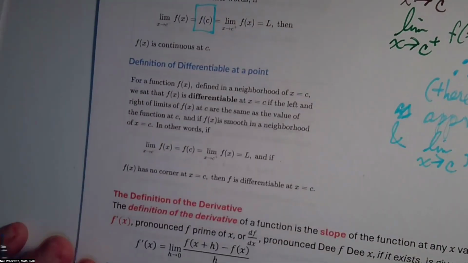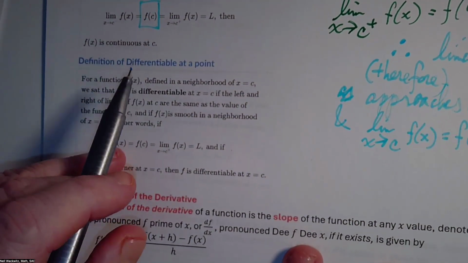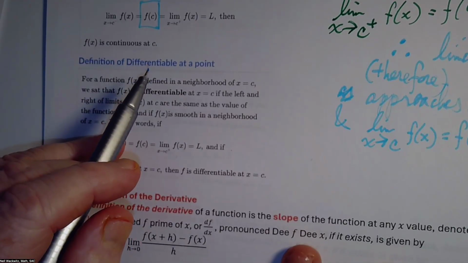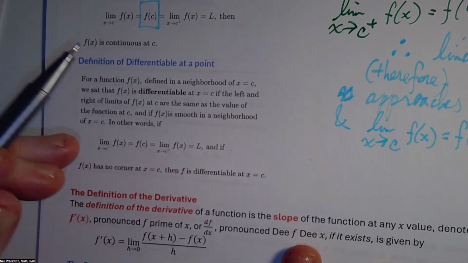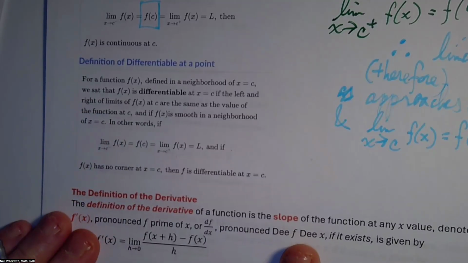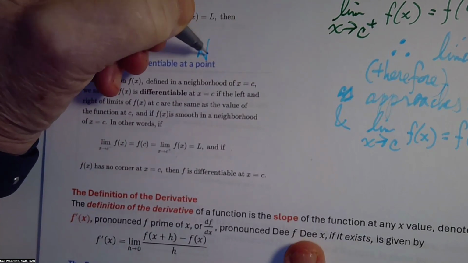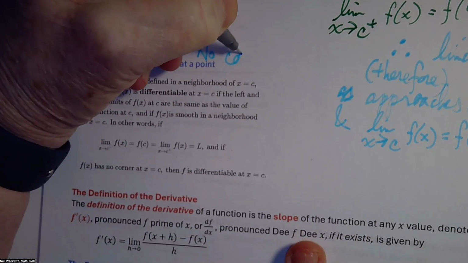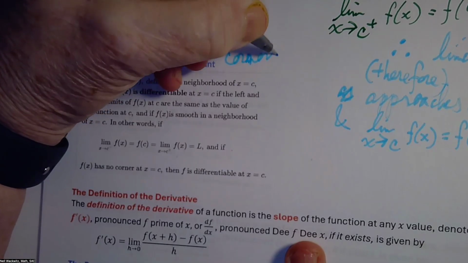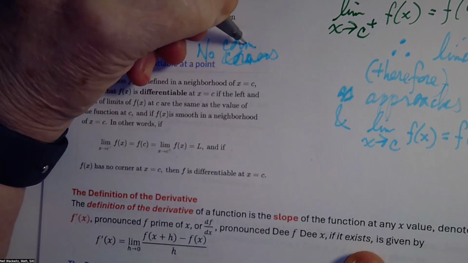And now we want to look at something more. In order for a function to be differentiable at a point, it must be continuous at that point, and it can have no corners. That does not look clear. Let's see. No corners.